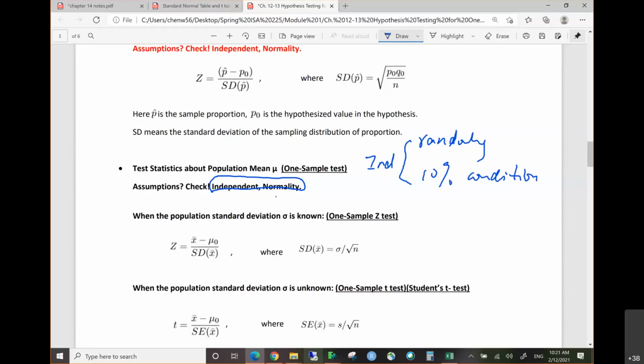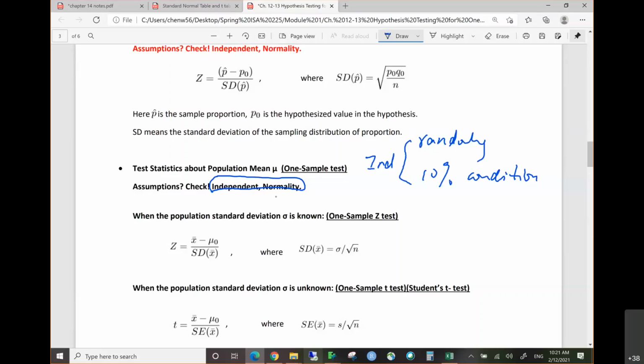When we have one sample, we want to test whether the individuals in the sample are independent of each other. We don't want them to be related, right? So that's why we need to check whether these observations are randomly selected, whether your sample size is not too large, so that the individuals are still independent of each other.